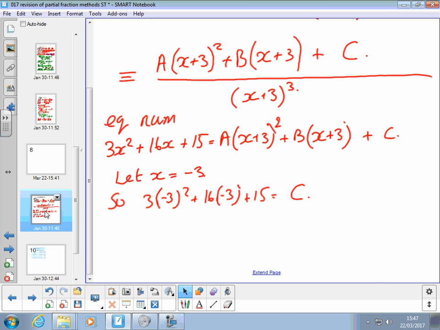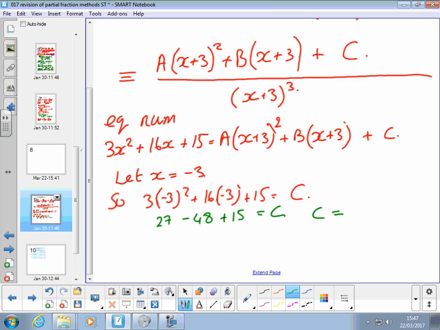Minus 3 squared is 9, and times 3 is 27, that bit. Minus 48 plus 15 equals C. C equals minus 6.